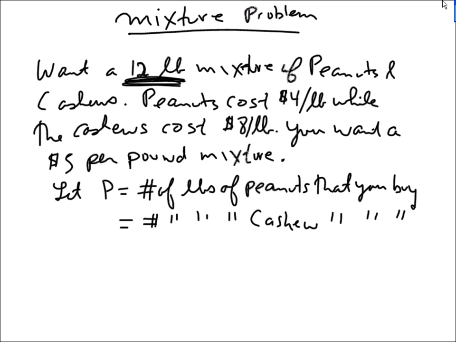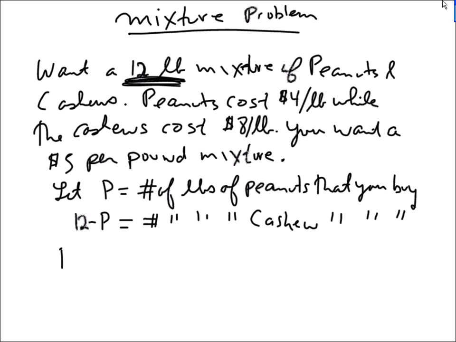And what should that be? Well, you're buying 12 pounds. You should think of it like this: you're going to get all 12 pounds less the number of pounds of peanuts you bought.